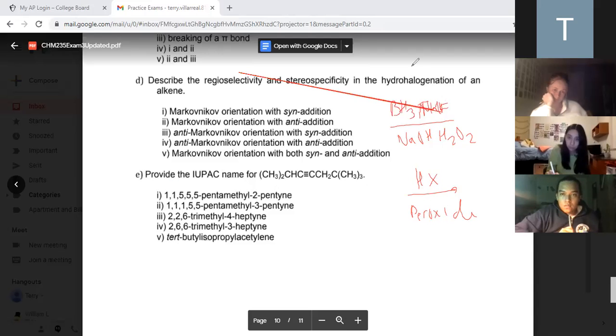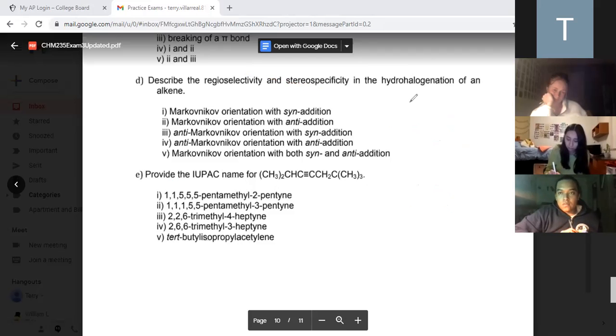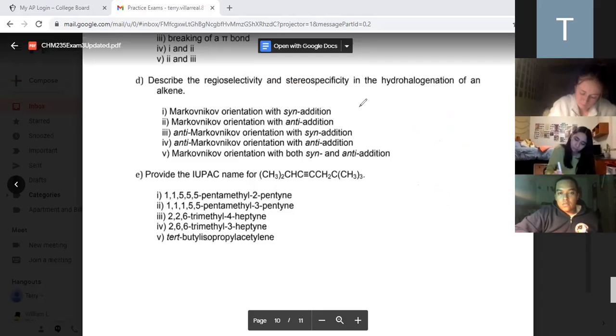Now, when we do a hydrohalogenation, is it anti-addition, syn-addition, or is it both? It's both. What's the clue that it's both? So I'm gonna draw you an example.